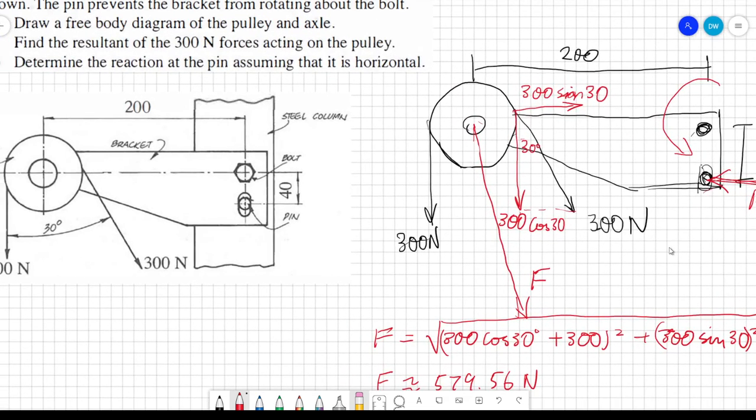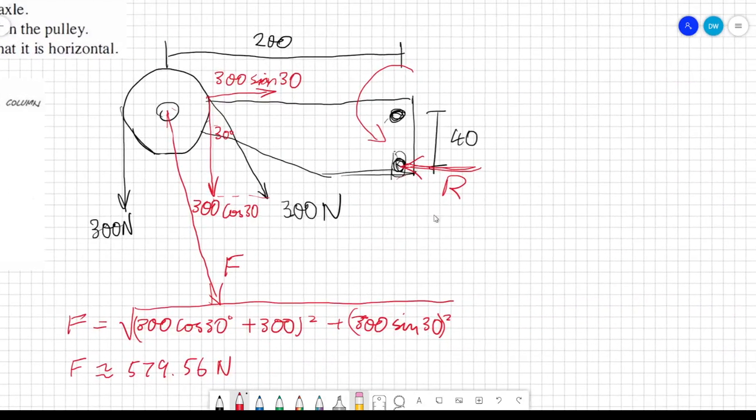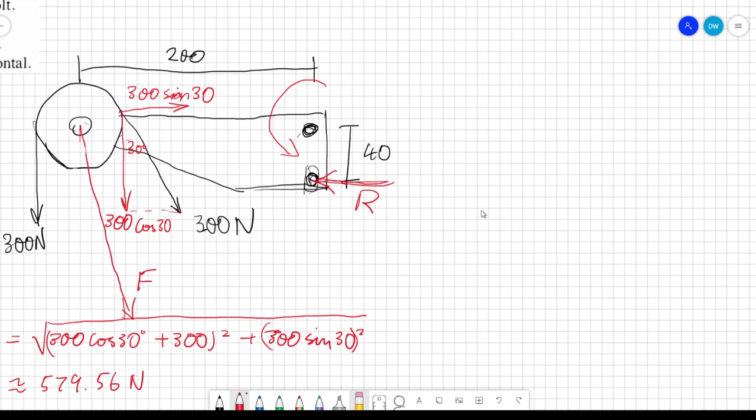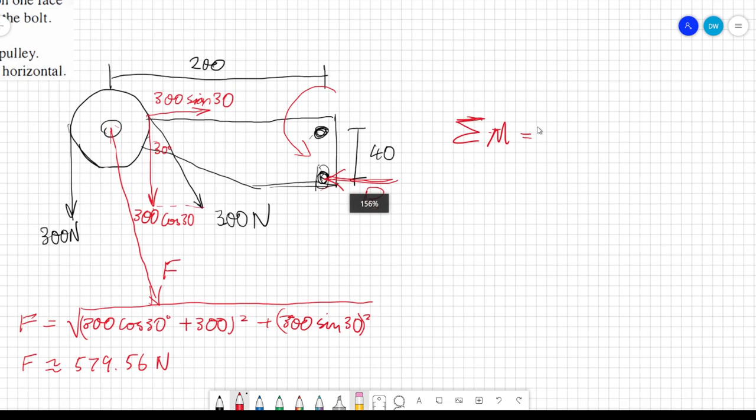Now we have found our total resultant force. We want to find out what the reaction at the pin here is. So what does R equal? As I mentioned earlier, the force R here is resisting a rotation counterclockwise, which means the moment is generated by R times 40. If the sum of all the moments has to equal 0, then we have to ask, what's the downward force?